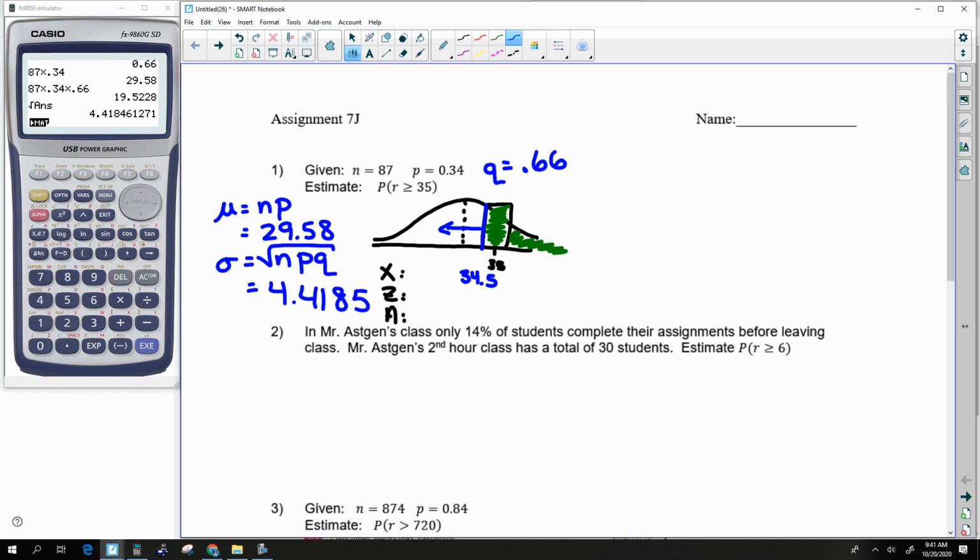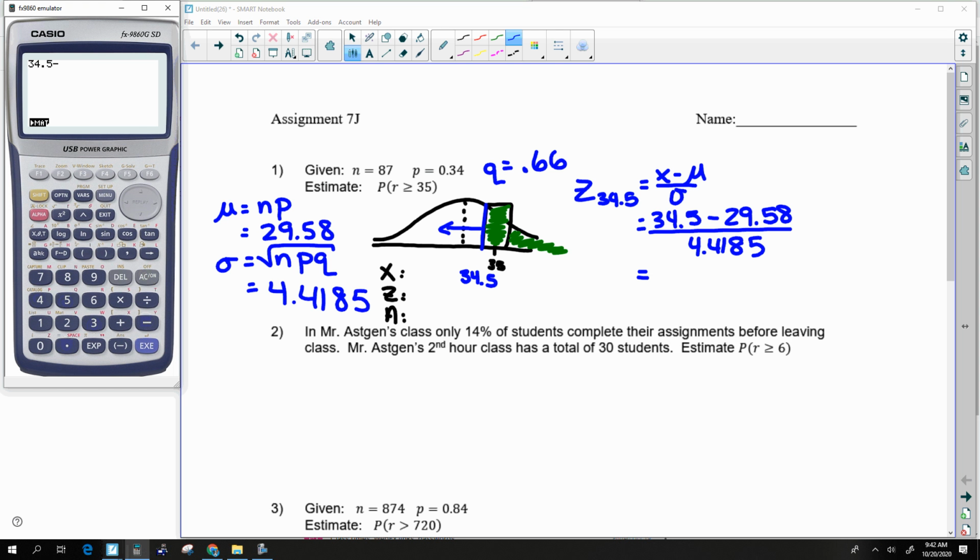Let's go ahead and get the z-score of this 34.5. This is a z-score, so I round to the second decimal.